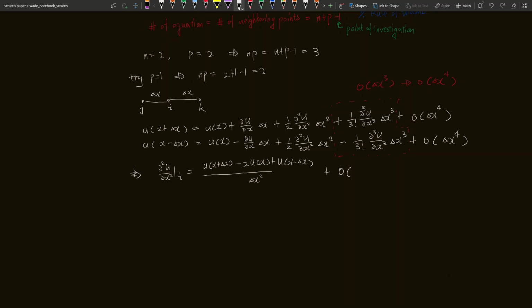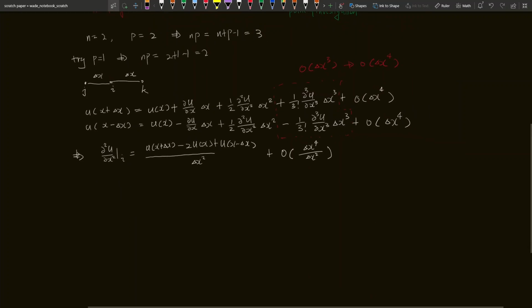Here we have delta x to the power of 4 over delta x squared. So the final order of accuracy for this central finite difference scheme within a uniform mesh is upgraded to the second order.